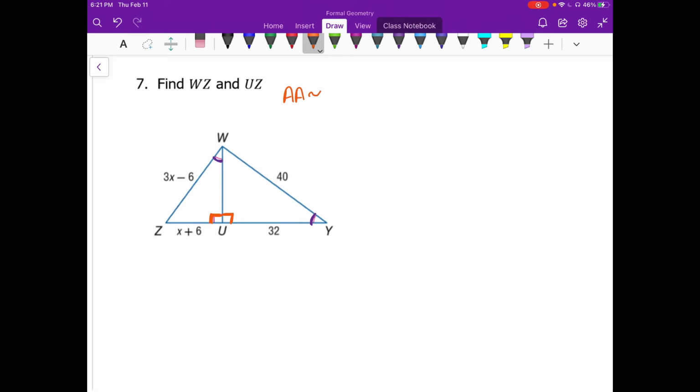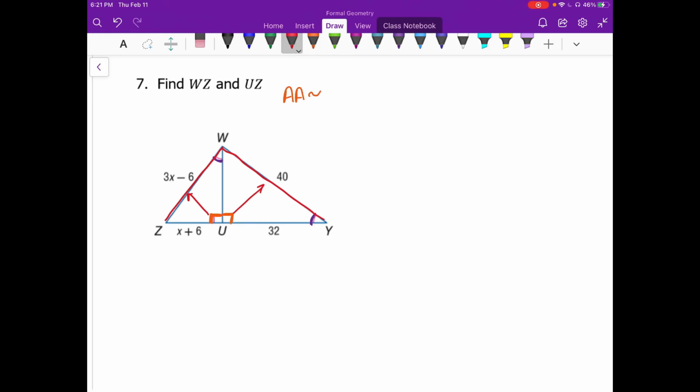Now that I've shown these triangles are similar, let's set up our proportions. So I'm going to set up two proportions for my variable x. WZ is corresponding to WY. I know this because they're both opposite the 90-degree angle in their respective triangles.